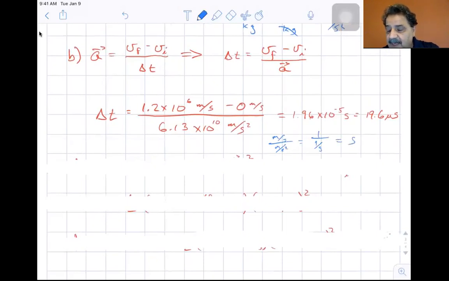Now it's 19.6 times 10 to the minus 6 seconds, so that gives us microseconds. So that's how we get our units.